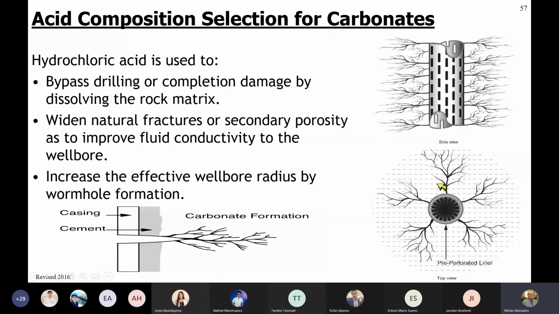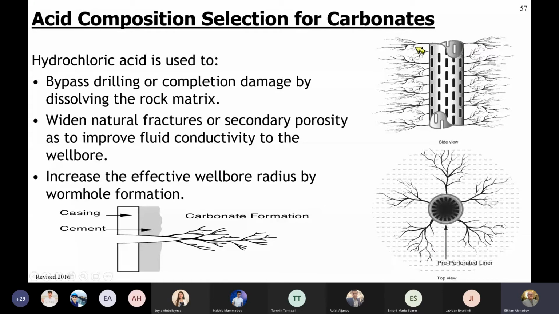This happens on the vertical surface and the lateral surface, so the whole perforated zone or open hole zone is covered by those wormholes. The damaged zone is bypassed, and the conductivity with the reservoir is improved.